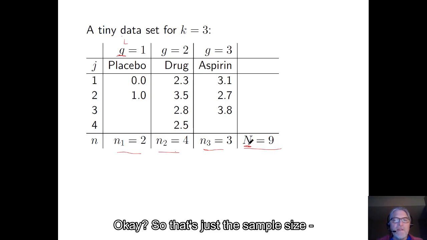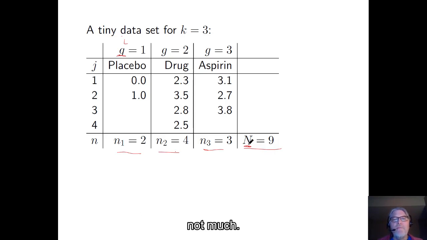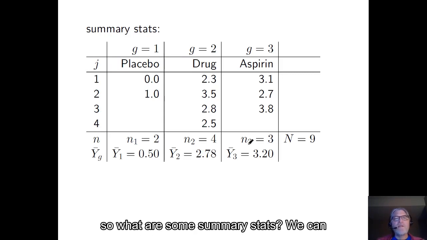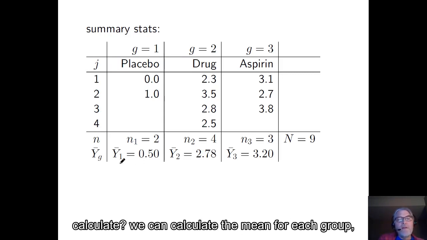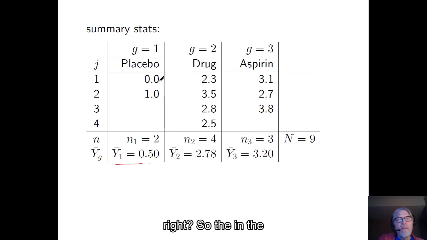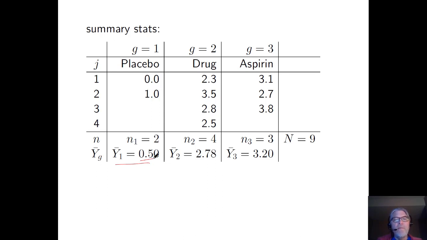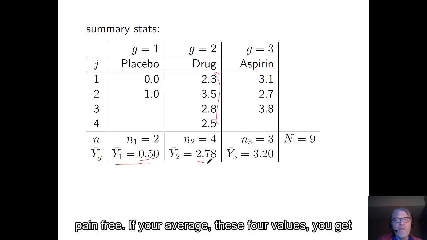Okay, so that's just the sample size, not much data there, not much summarizing of the data. So what are some summary stats we can calculate? Well, we calculate the mean for each group. In the first group, 0 and 1, there's only 2 observations, so that would average to half an hour of pain-free. If you average these 4 values, you get 2.78.